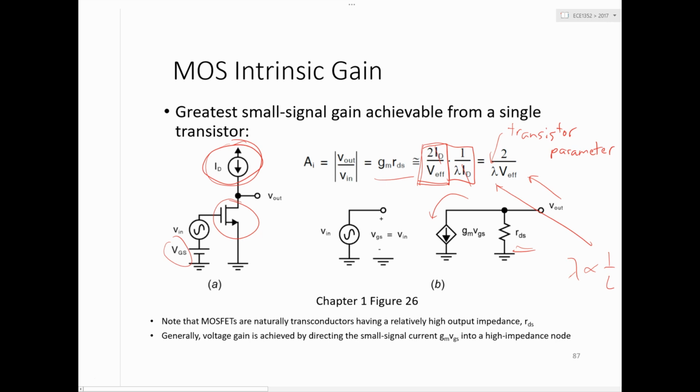You would increase the ratio W over L. That would decrease the V effective all the way down to like 100 millivolts, 70 millivolts, somewhere around there. And at that point, what happens? This equation is no longer accurate. Instead of 2ID over V effective, it becomes ID over nkT over q, which is just constant. And so then you're stuck. You get diminishing returns at some point. There's no point making it any bigger.